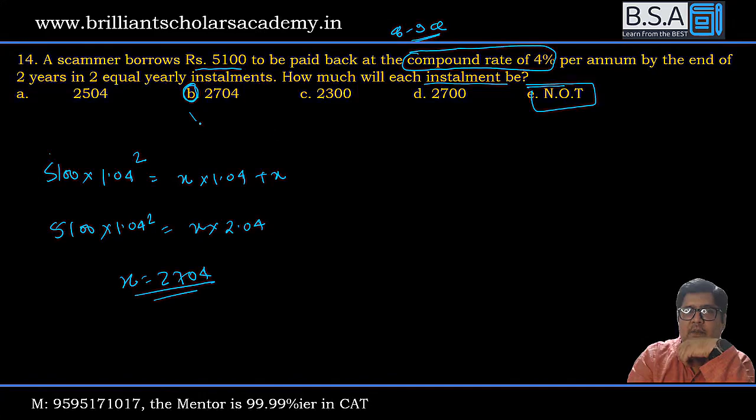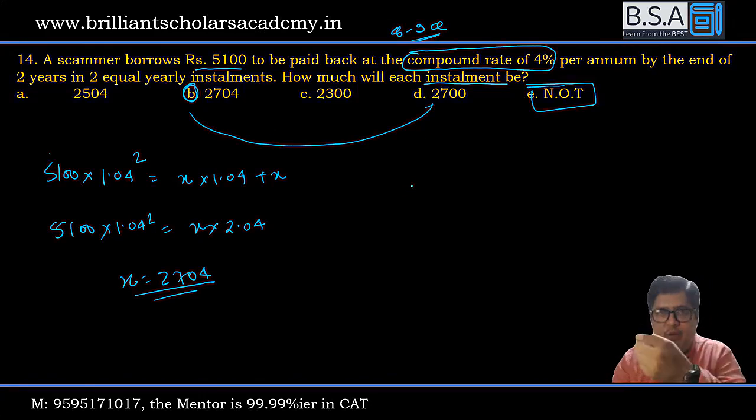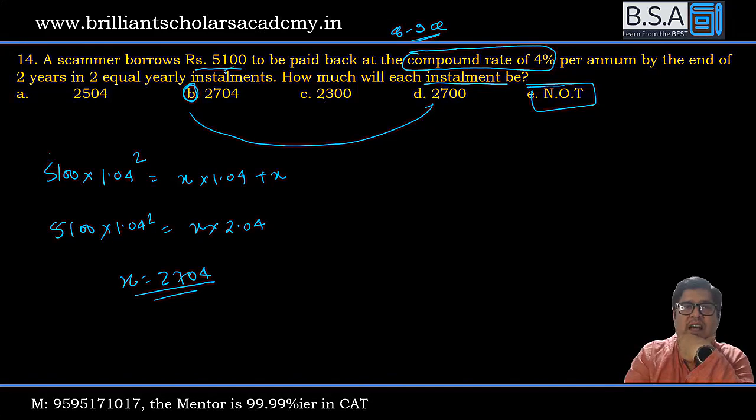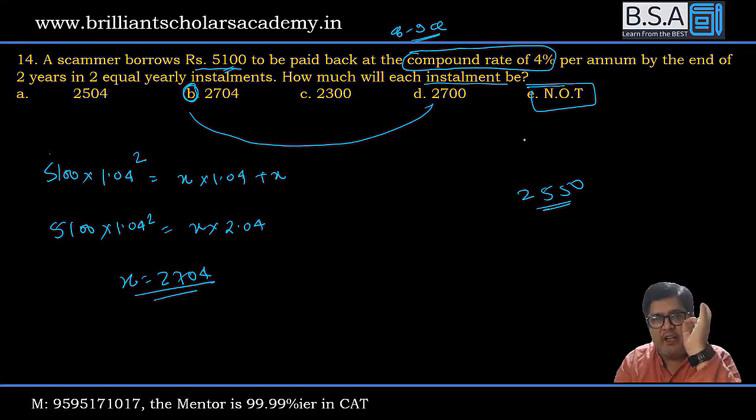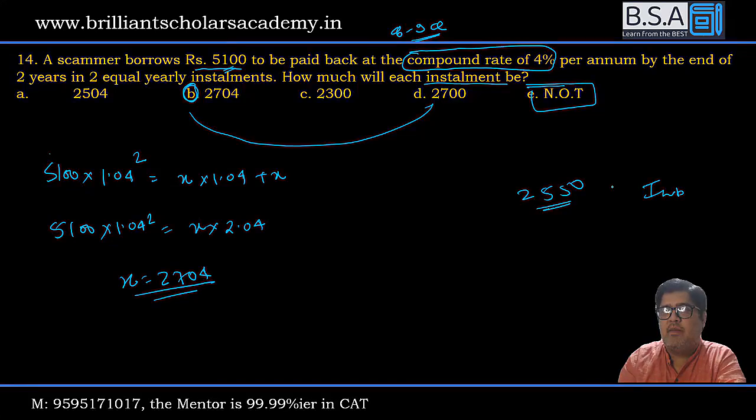And these options are very close. Otherwise, I could show you one more trick. We have talked about this. What is half of this number? Half of this number is 2550. Because there is a rate of interest involved and you are breaking it down in two parts, your installment will be above this. So this option is already gone.